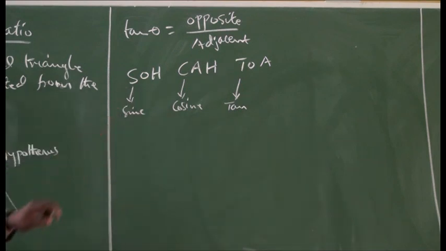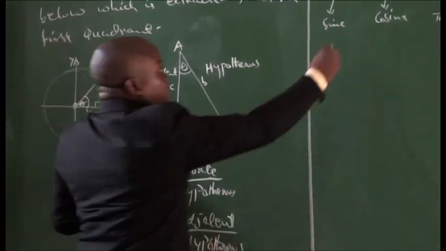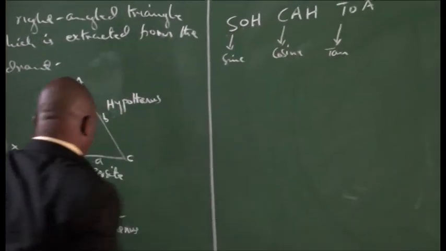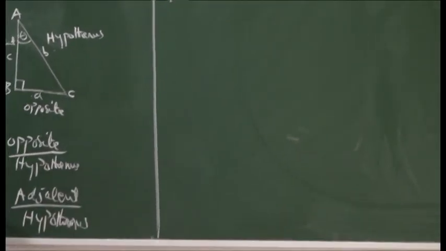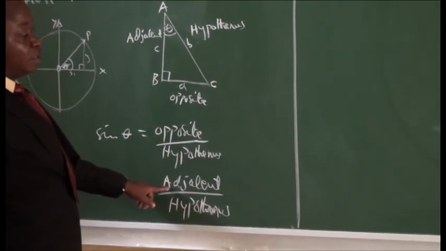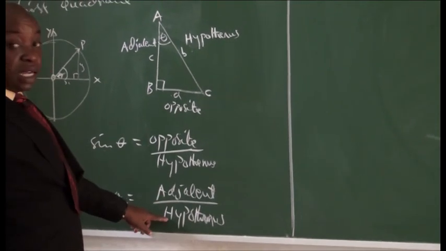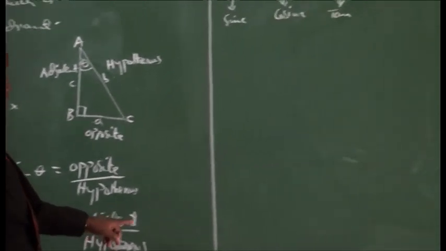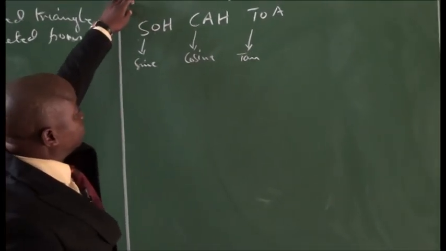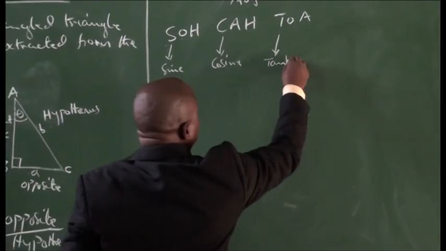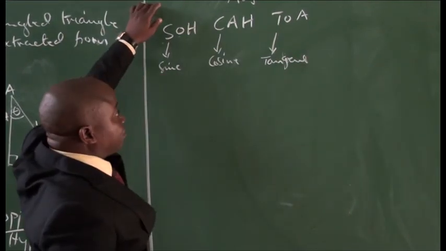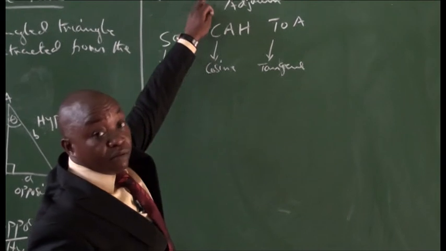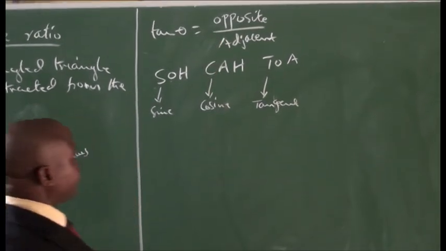So sine theta is opposite, O stands for opposite, over hypotenuse for H. And cosine is adjacent over hypotenuse. Then tan, or tangent of angle, the short form is tan, is opposite over adjacent.